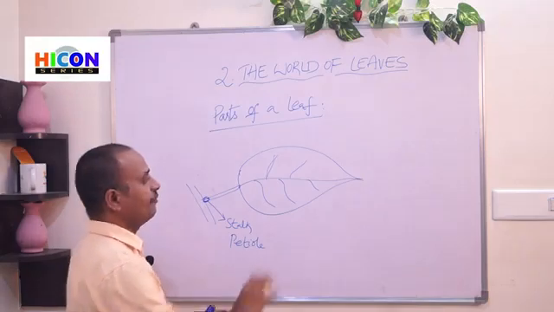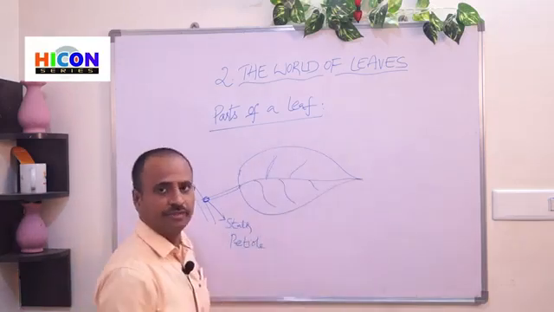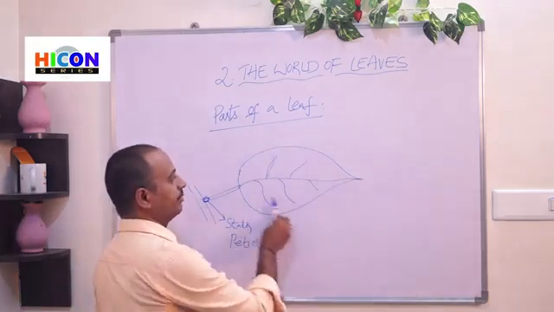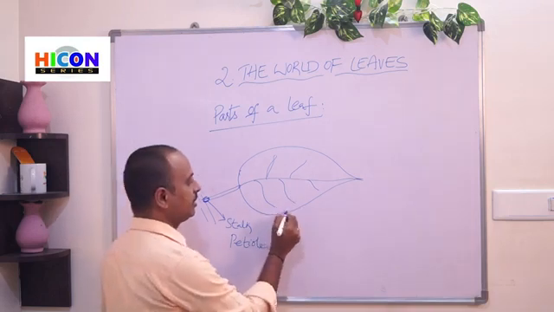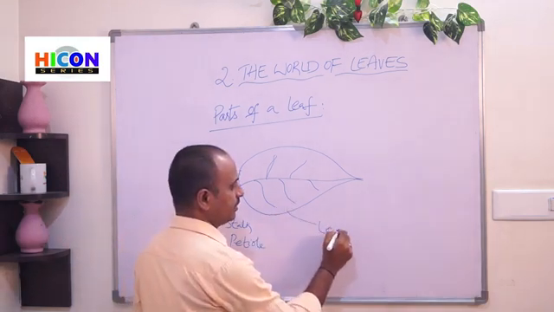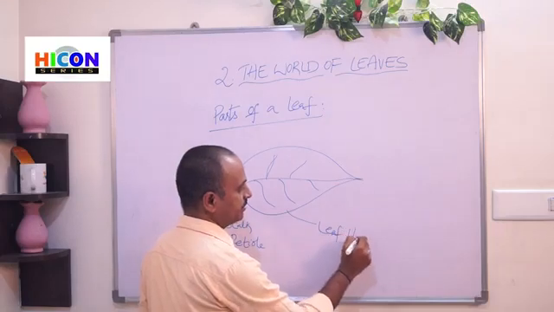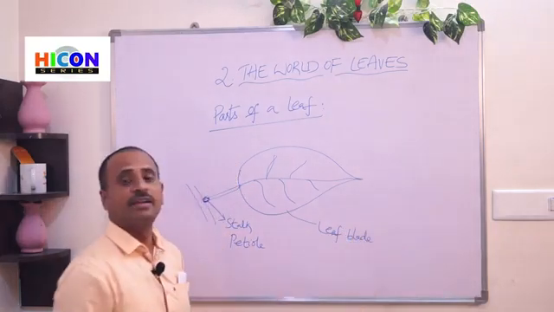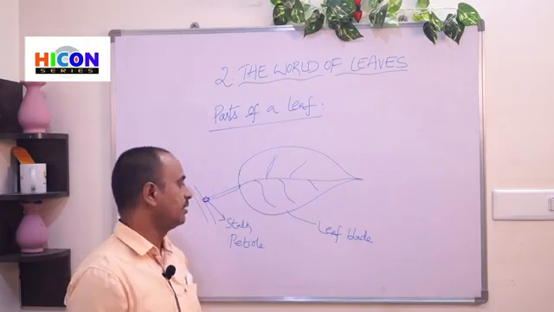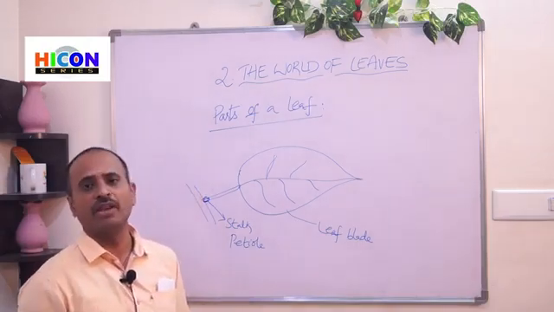Next, the flat green part of the leaf is called leaf blade or lamina.